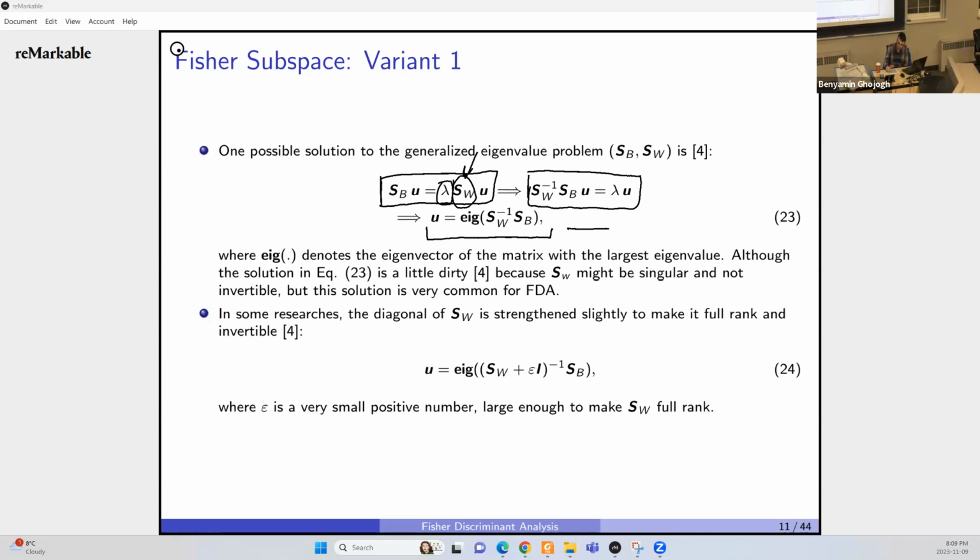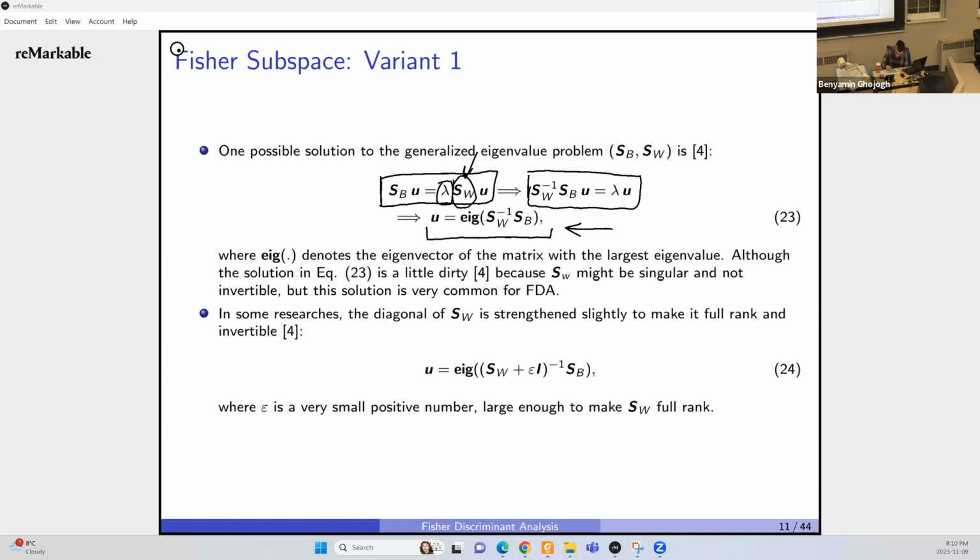This is a very famous formula in machine learning. SW inverse SB, where SW is the within scatter and SB is the between scatter. Now you tell me, what if SW is singular, not full rank, not invertible? Then how can I have SW inverse SB? One good technique is to strengthen the main diagonal of SW.